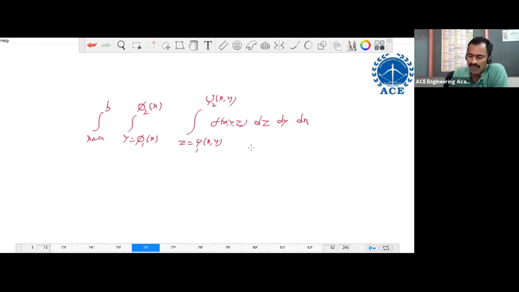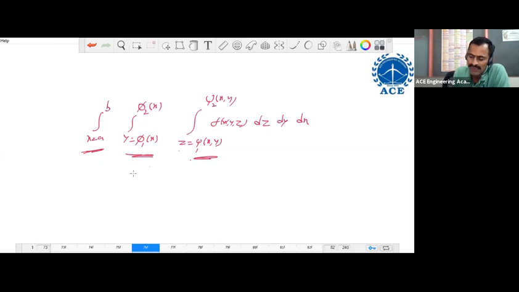Here all three limits may be constant limits, or for two variables constant limits and only for one variable limits, or, as here, for the first integral constant limits, for the second and third integrals variable limits. Here z limits are functions of two variables, y limits are functions of a single variable, x limits are constants.